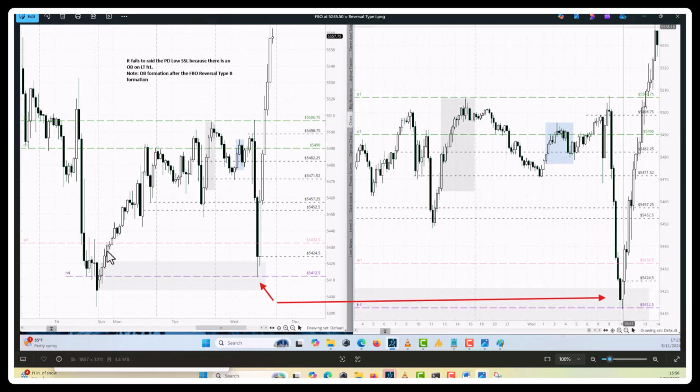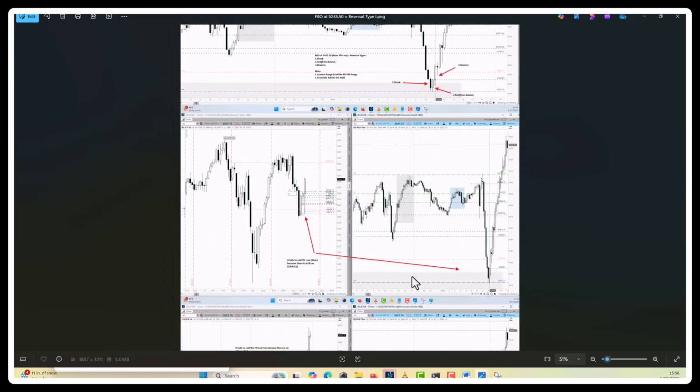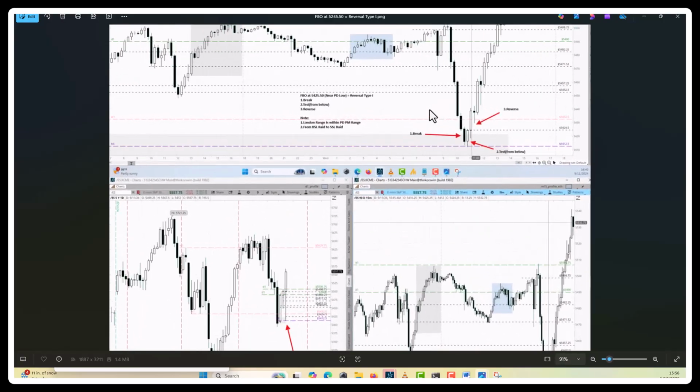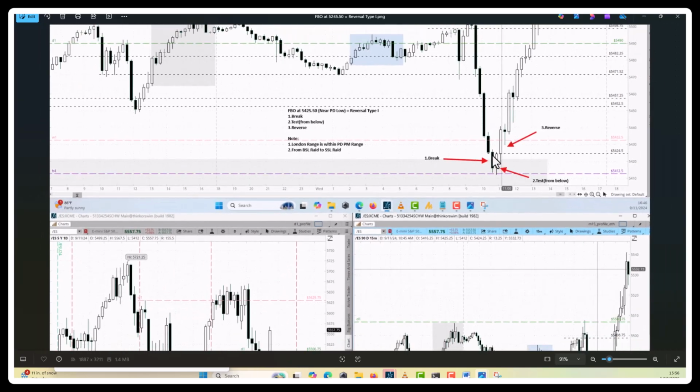But if you look at this level, you only see 2, a double bottom right there. And that's how it manifests itself from high time frame to low time frame. And in this case, it happened at 11 a.m.